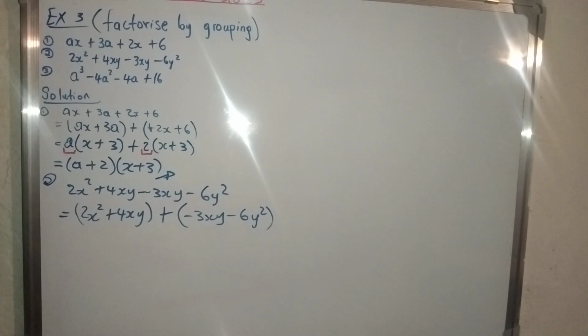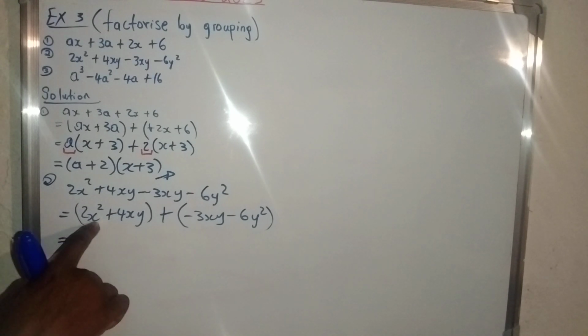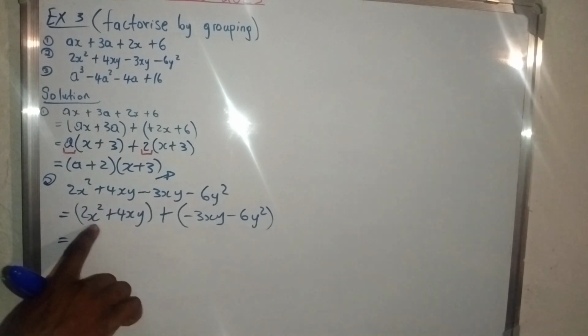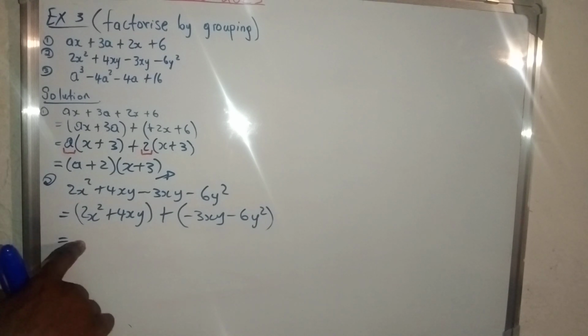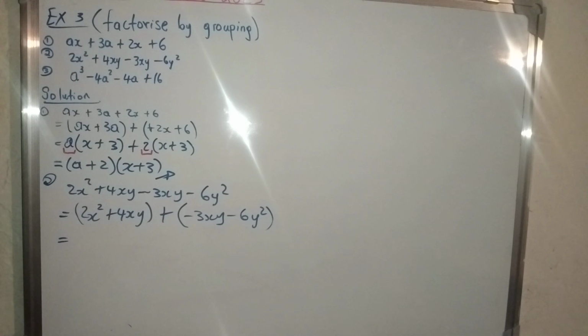Now we need to take out the common factor in the first bracket. If you check, in the first bracket, x is common. You can find x here, you can find x here. So therefore x is common. And we can also take out 2, because we also have 2 here in 4.